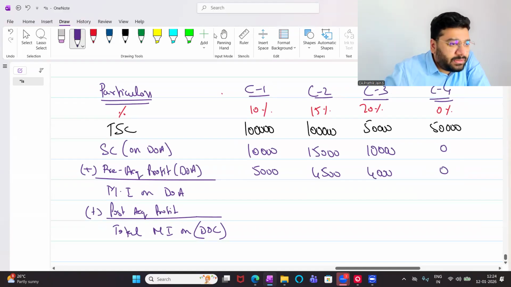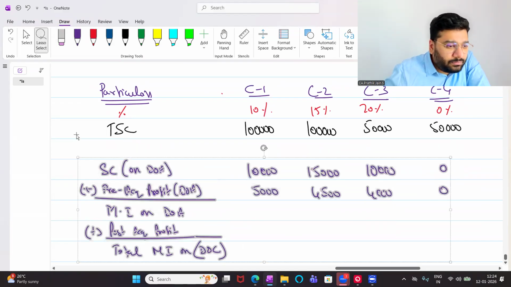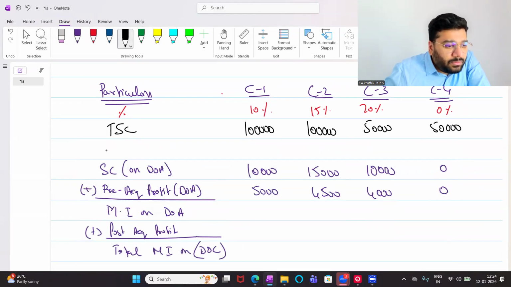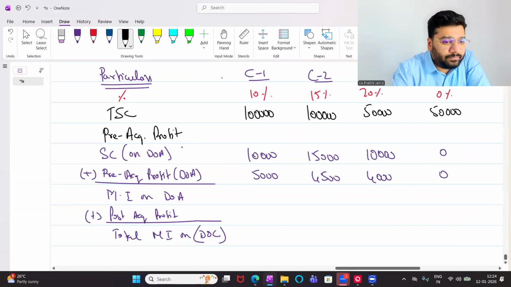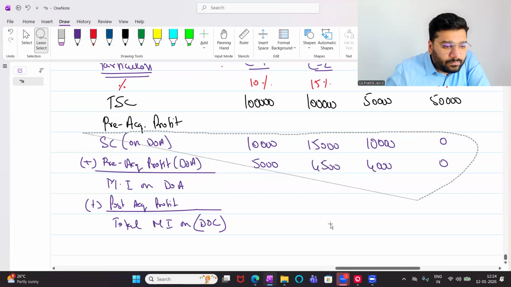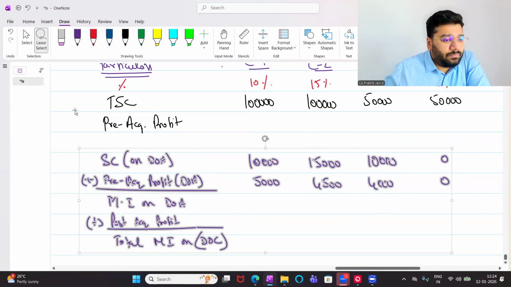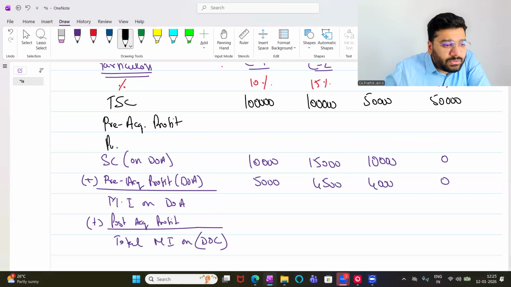If you want, you can insert this item also. I'll just do it if you want. Pre-acquisition profit and post-acquisition profit.